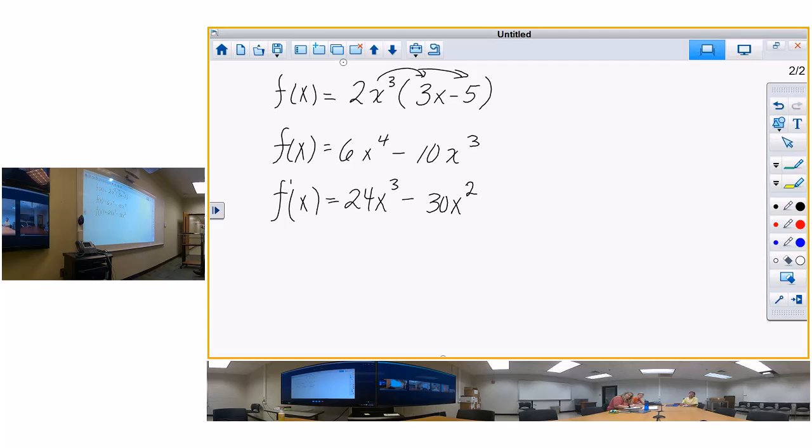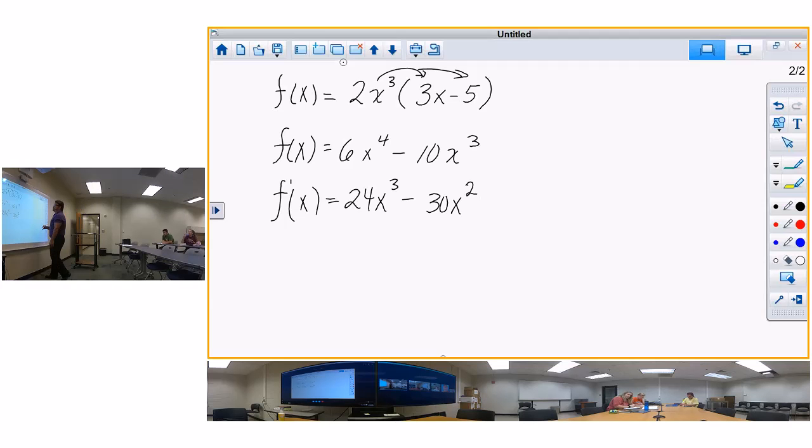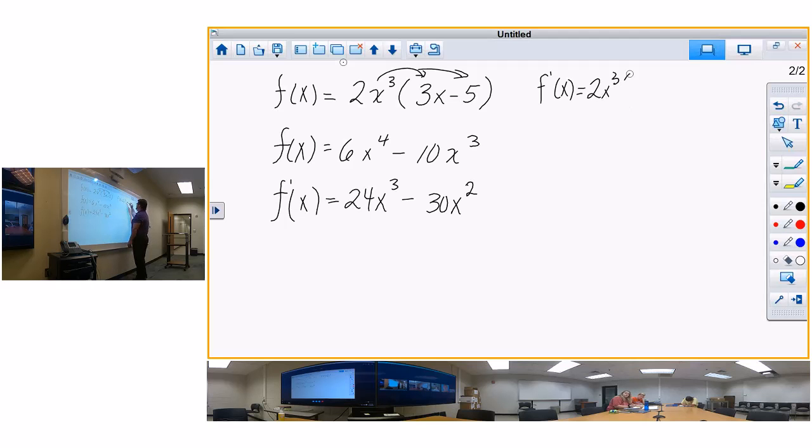All right, so now you use the product rule. F prime of x is going to be first times the derivative of the second. And I'll put an accent mark there to remind us to take the derivative, plus the second times the derivative of the first, which would be 2x to the third, and I'll put a red accent mark there.